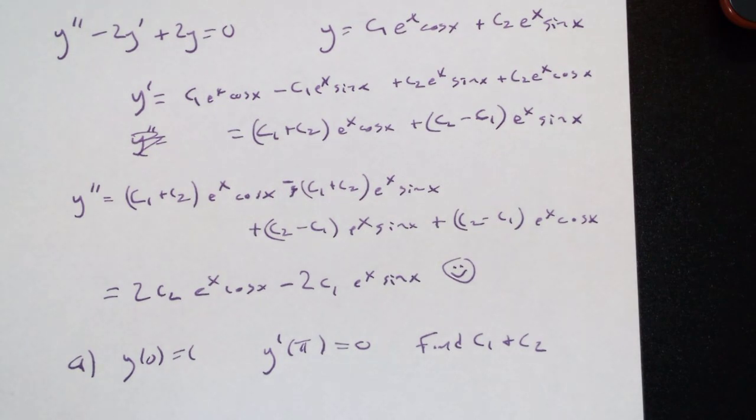Y is up there at the top. Plug in 0, set it equal to 1. See if you can give me a C1 or a C2. Same thing with y prime. That's this right here. Plug in pi. See what comes up.